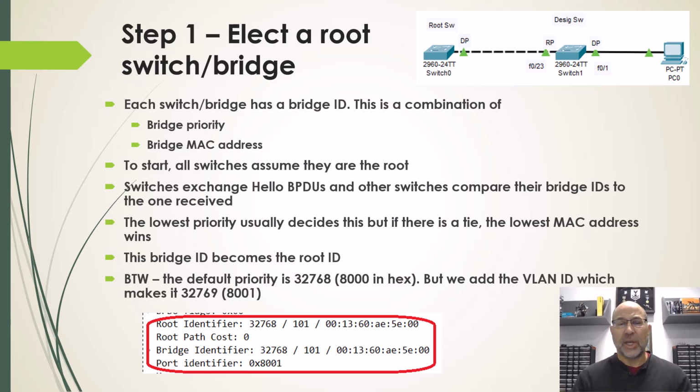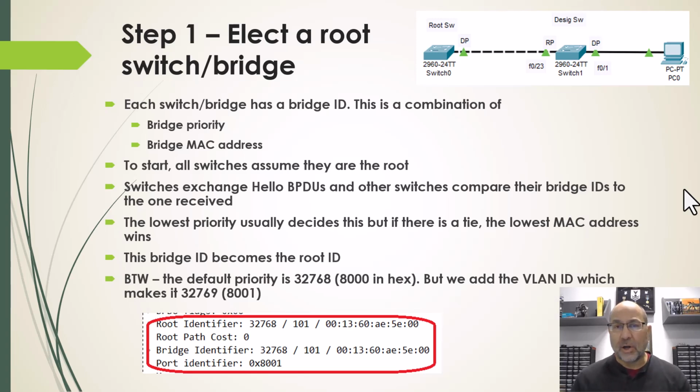So they exchange hello BPDUs, and other switches compare their bridge IDs to the one received. The lowest bridge ID, that is the lowest combination of the priority plus the MAC address, wins. Then that bridge ID becomes the root ID.